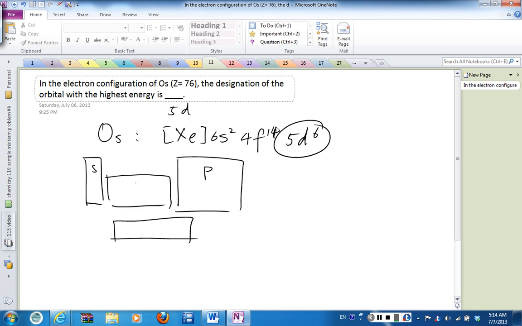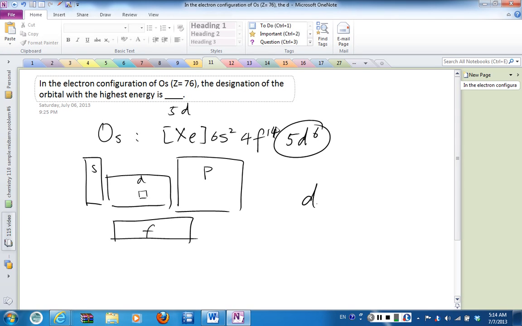Anything here would end in a d orbital, and anything here would end in an f orbital. And osmium, if you look at the periodic table, is right about here. And that means the designation of the orbital with the highest energy is definitely D. Otherwise it wouldn't be in the area.